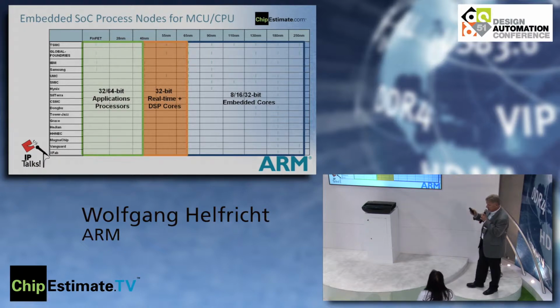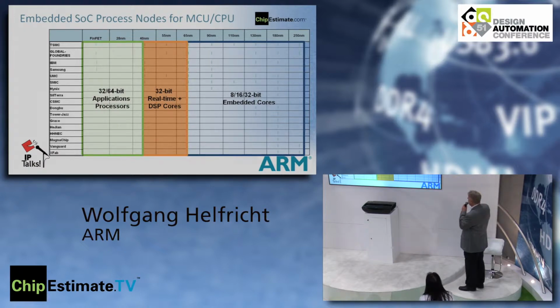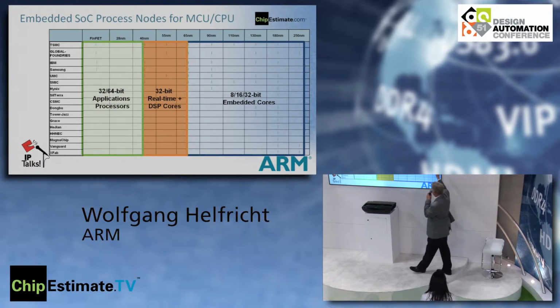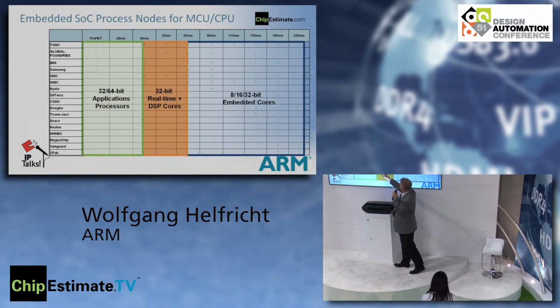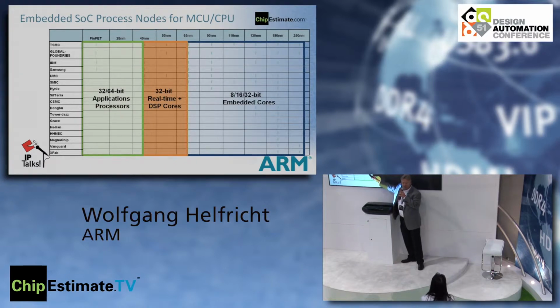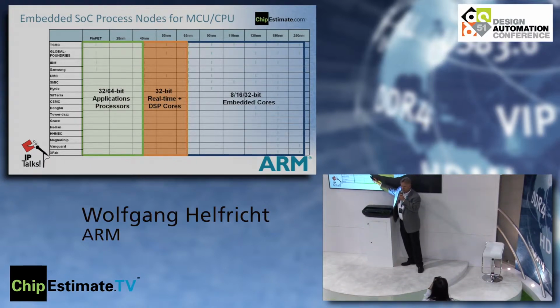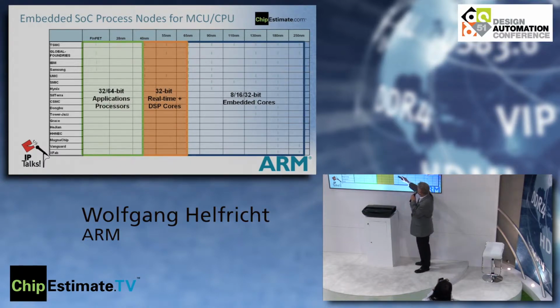If you look at a slightly different picture in terms of all the process nodes, going from 250 to FinFET, this is the area for your application processors in your smartphones, so the very high-end stuff. And then you have real-time DSP cores and then the embedded cores.